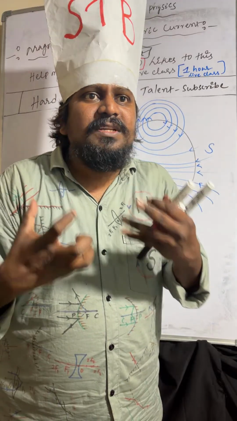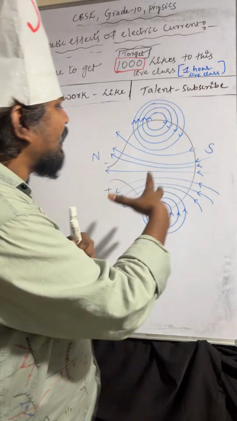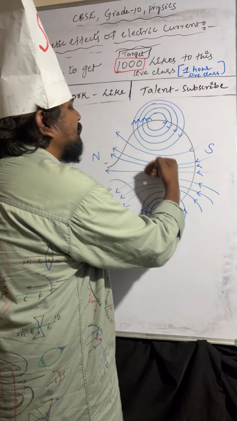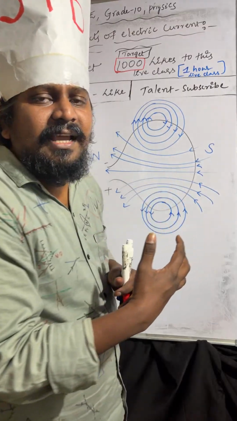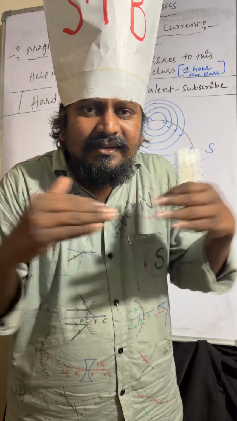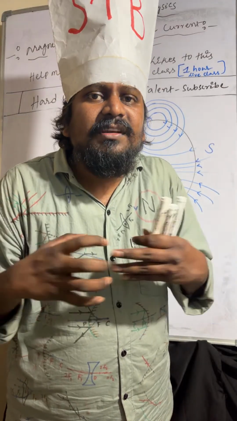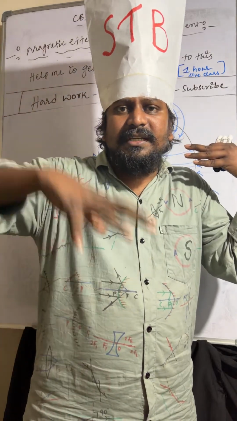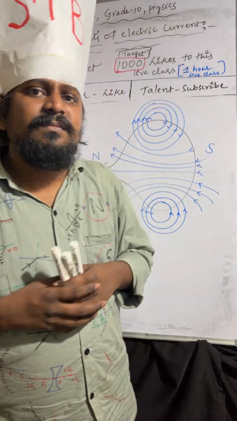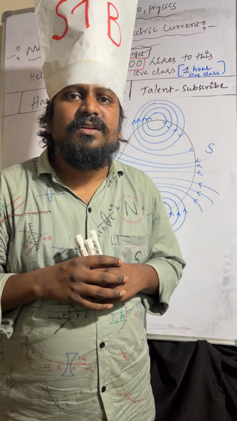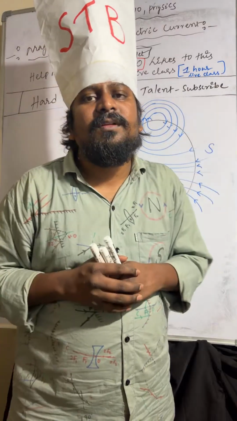Here also, the magnetic field will be added up to each other, so at the center the magnetic field will be more compared to the circumference. This is the loop. Understood or not?